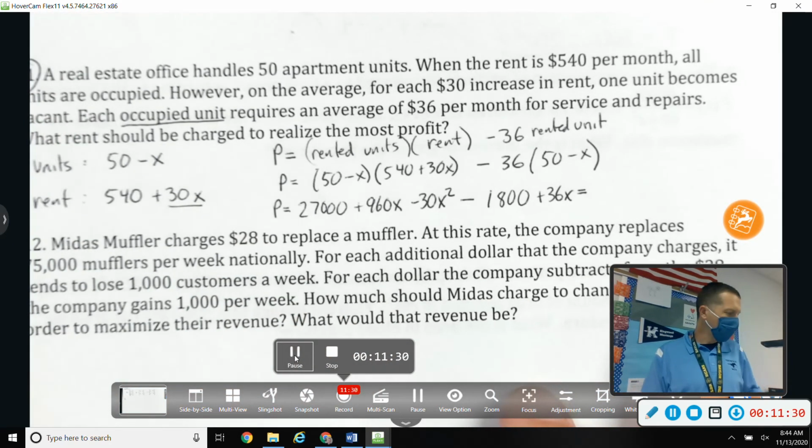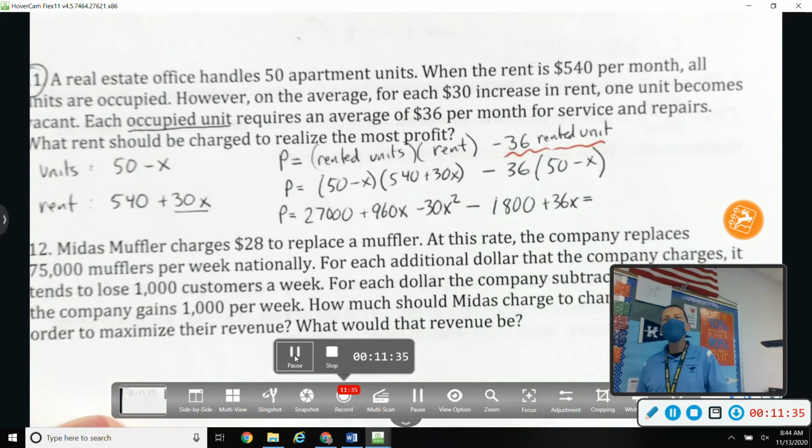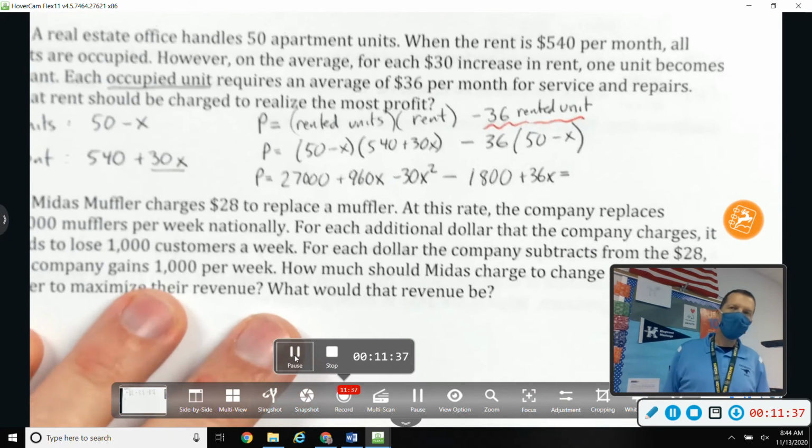So this one had this extra stuff about having an extra cost to consider for each apartment that's rented.